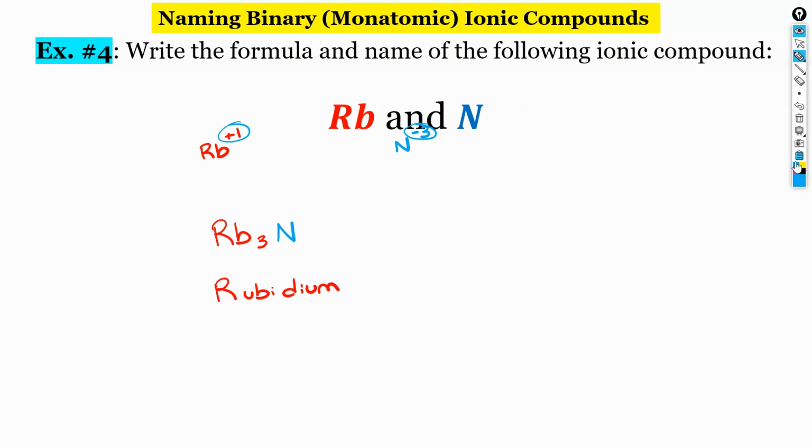Okay. And then our name for our anion is nitrogen. Okay. Just like oxygen, this one is a little weird. So nitrogen, we're going to hack off the OGEN. So this will become rubidium, and then it's going to be nitride.